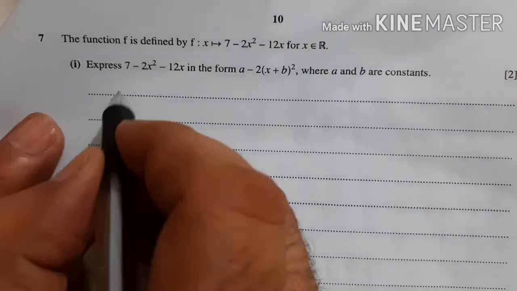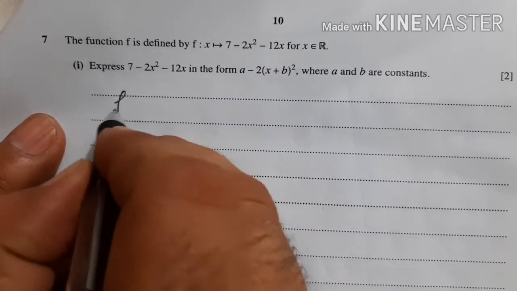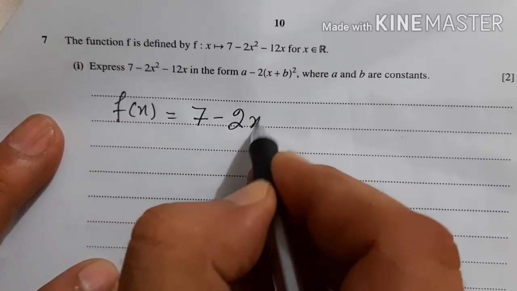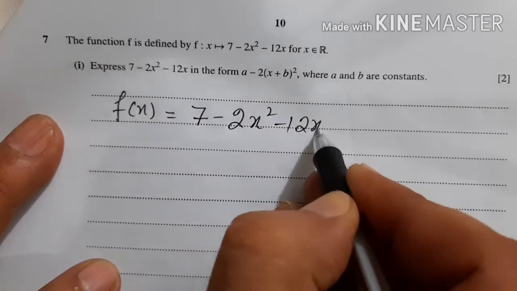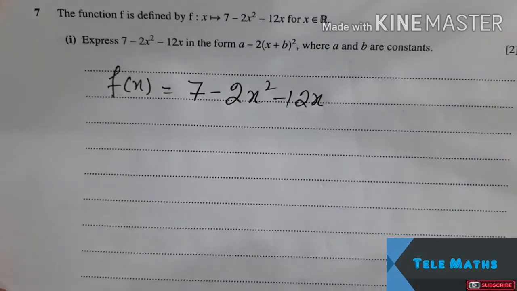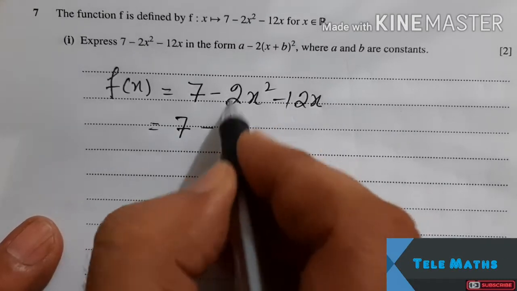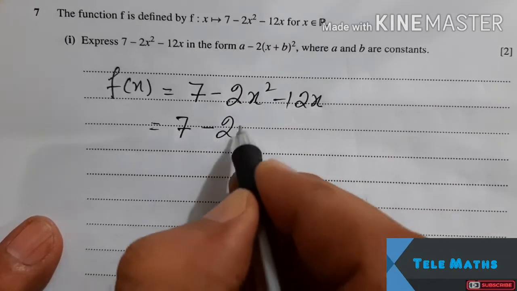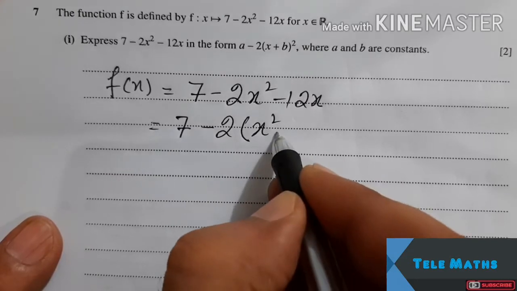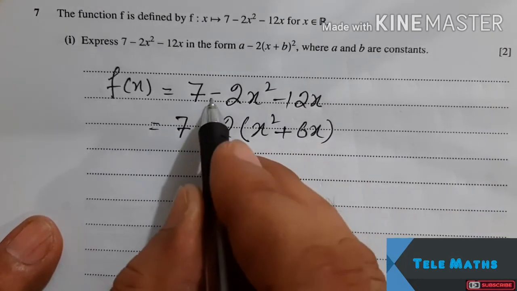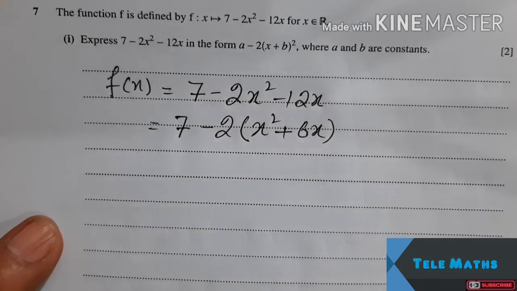Okay, so we got f(x) is equal to 7 minus 2x square minus 12x. Okay. So 7 minus, take 2 common from these two terms, it will become x square plus 6x. So don't forget to change the sign because you are taking minus common as well.